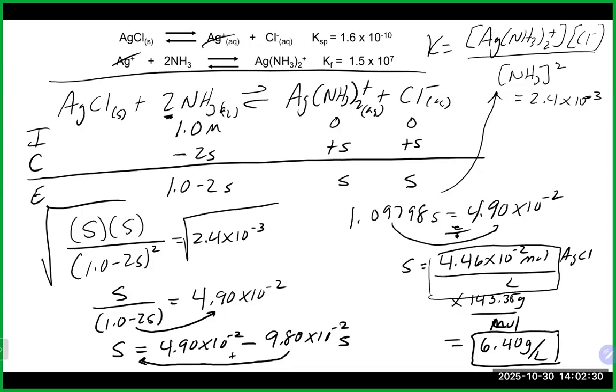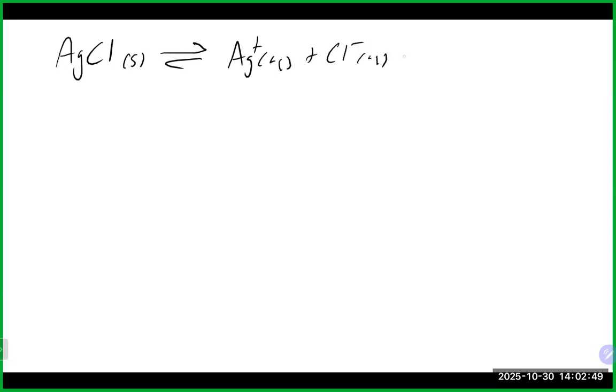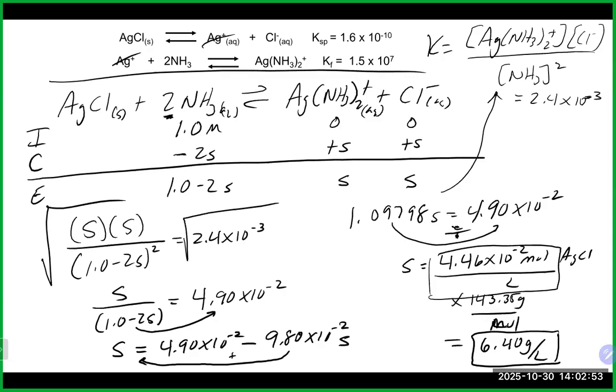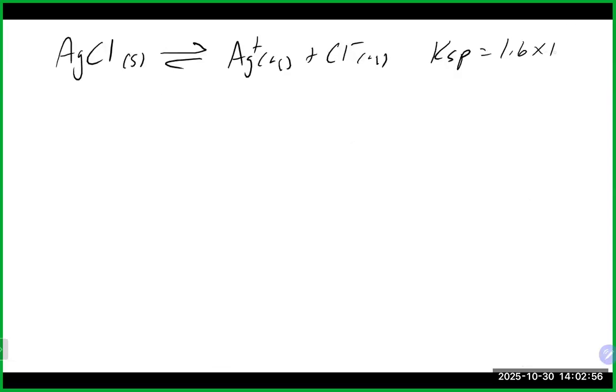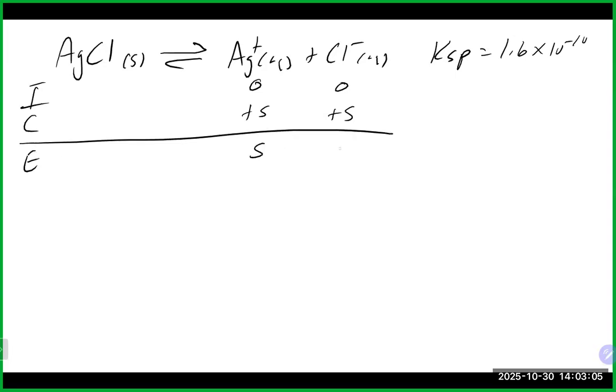Now, for reference sake, if you remember, we calculated earlier that if you take your silver chloride, that has a KSP in water of 1.6 times 10 to the minus 10, and we run through our table like we did in that problem, change plus S plus S. KSP here being our silver concentration times our chloride concentration, 1.6 times 10 to the minus 10.